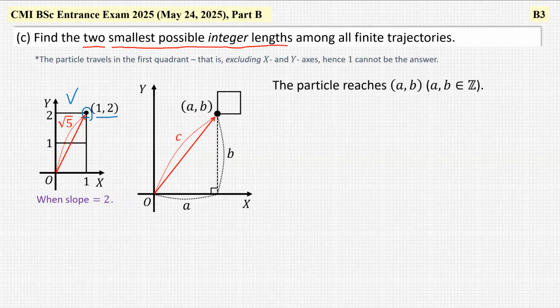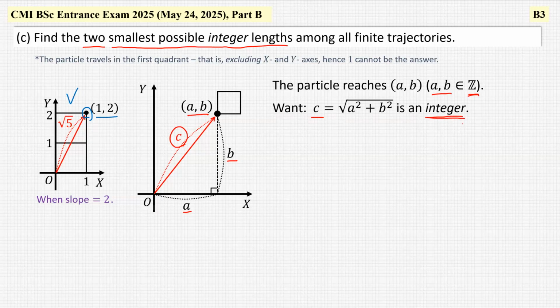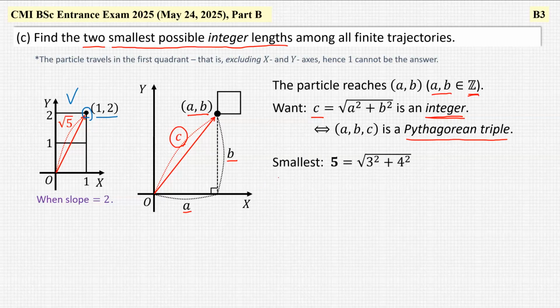If the trajectory ends at the lattice point a, b, where a and b are of course integers, its length c is given as the length of the hypotenuse of a right triangle having a and b as its other two side lengths. And we want this c to be an integer. Some of you may also know the fancy equivalence statement, which is that a, b, and c must be a Pythagorean triple.